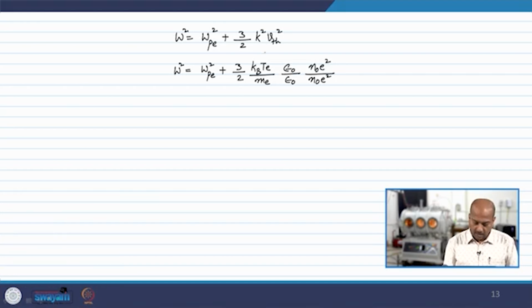So, this kB T e term is a measure of the Debye length.